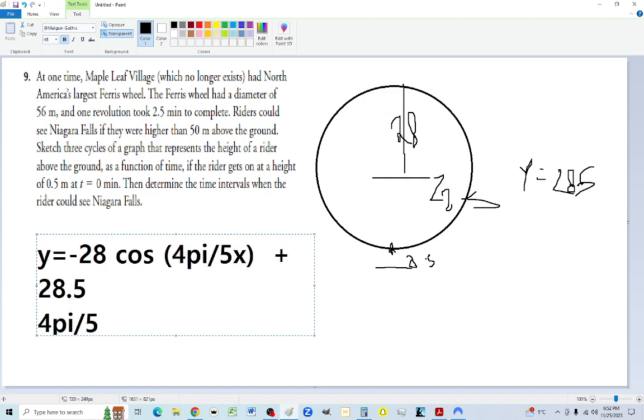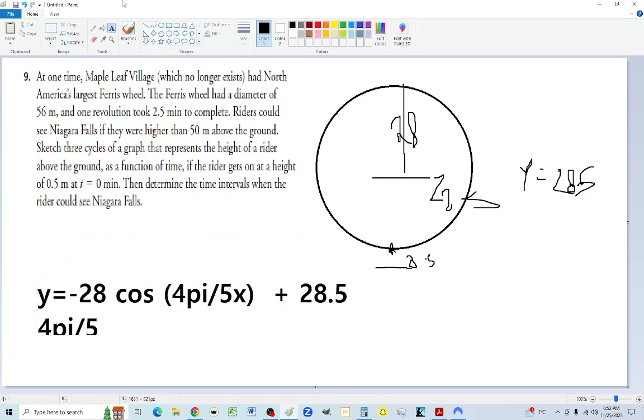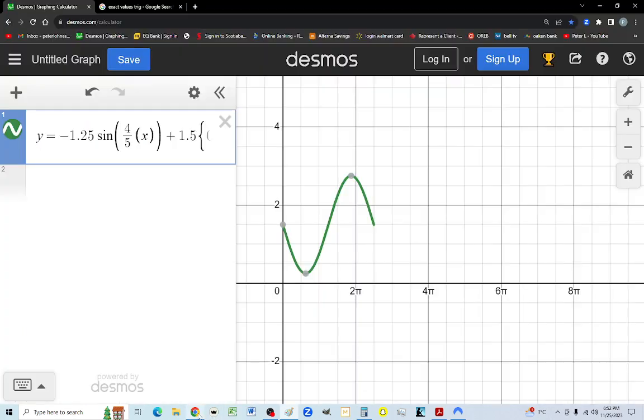Now, there's the formula, but we cannot figure out how many times this hits a height of 50. And the height on this is going to be over here. But first, let's see if we've got our graph correct.